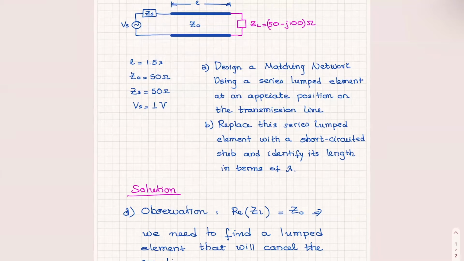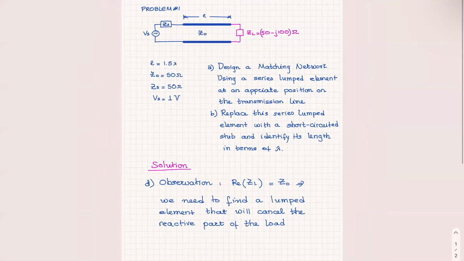This is still part A. We want to keep the 50 ohms and eliminate the minus j100 ohms.